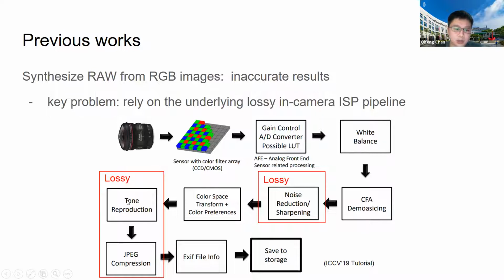There are also tone mapping and JPEG compression that lead to some information loss. And what we think is, if in the RGB image we can somehow hide some information about the raw data, maybe we have a good chance to reconstruct the original raw data with very high fidelity.